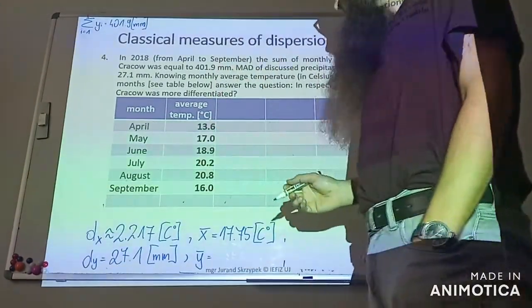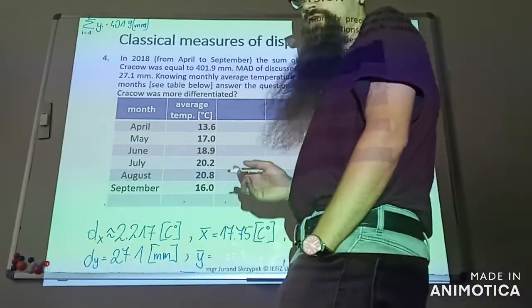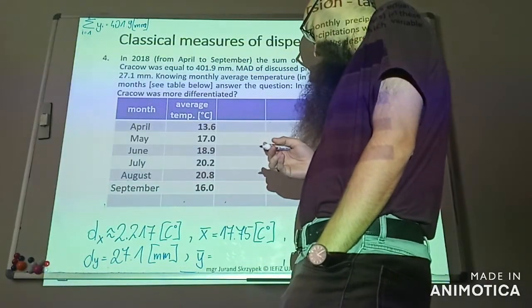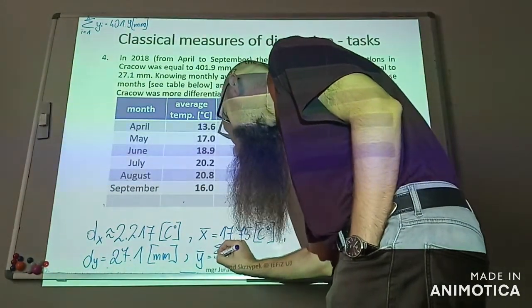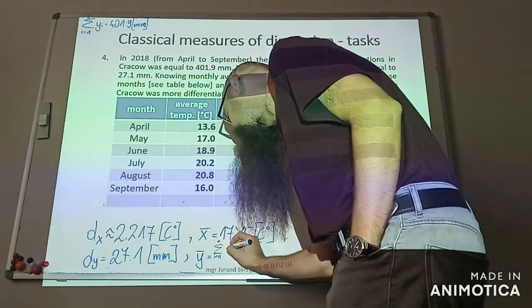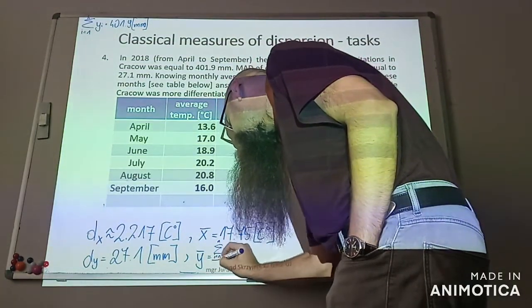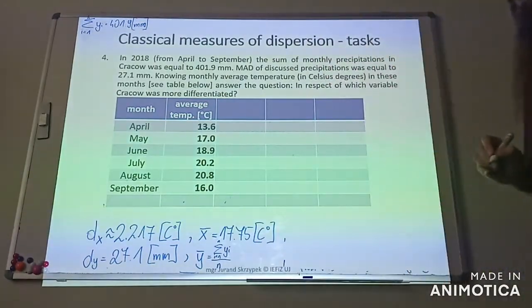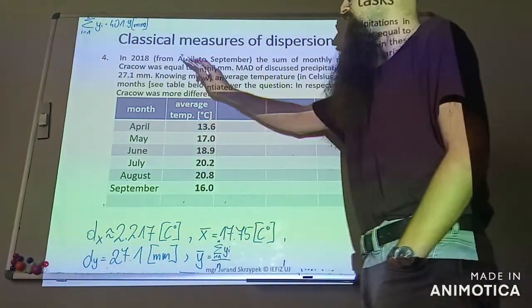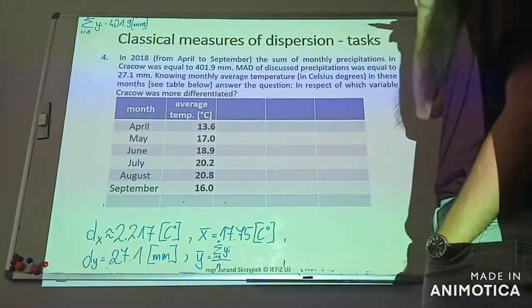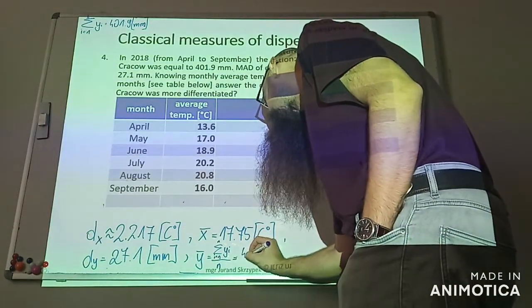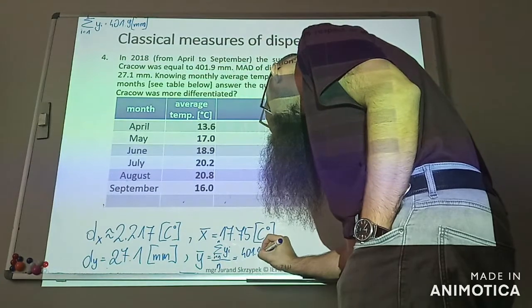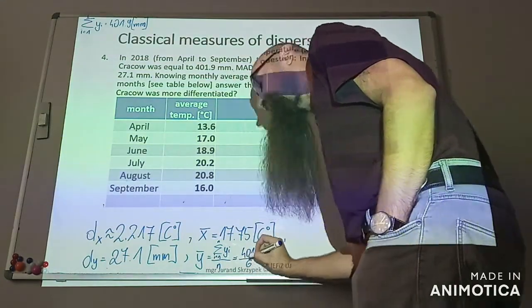As you remember, the average of y variable values is the sum from i equals 1 up to n of yi divided by n. Here we have the sum of yi values, 401.9 divided by 6.